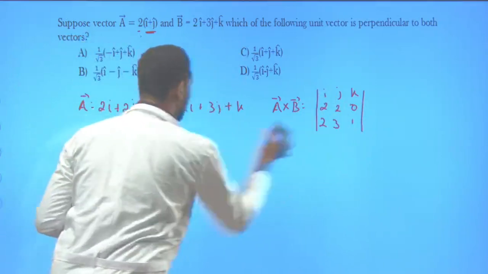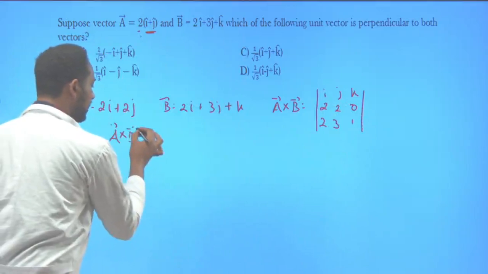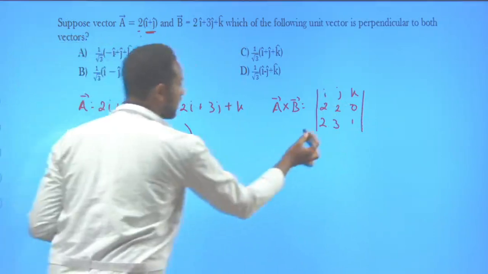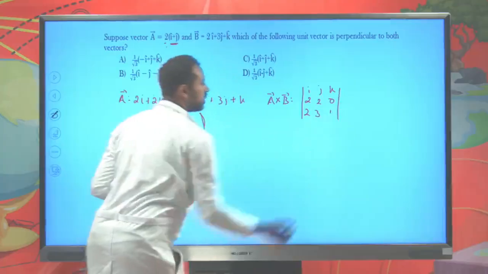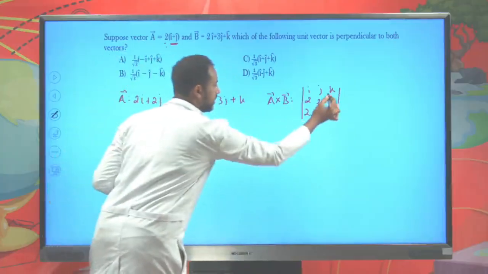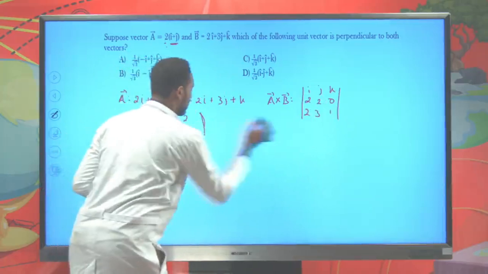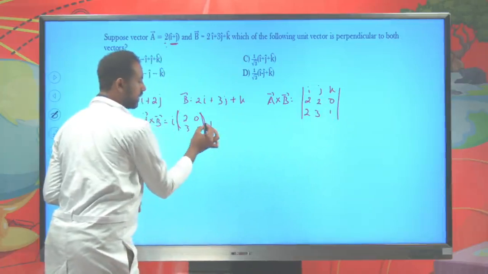To determine the cross product of these two vectors, first take i, you can put it in a square bracket, and eliminate the row and column. You are left with 2 and 3 in the top row, and here we have 0 and 1.